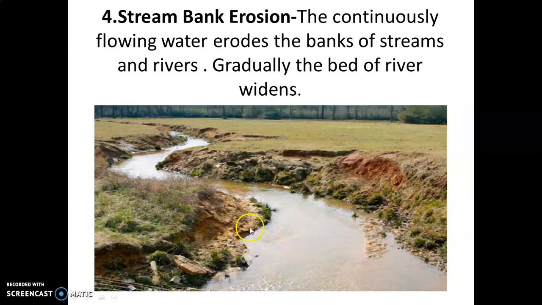Banks, that is the corner of the river bed. If the water hits or strikes against the bank, then weathering takes place. Or we can say, when the water hits the banks of the river, then the rocks start breaking down and the river becomes more widened.